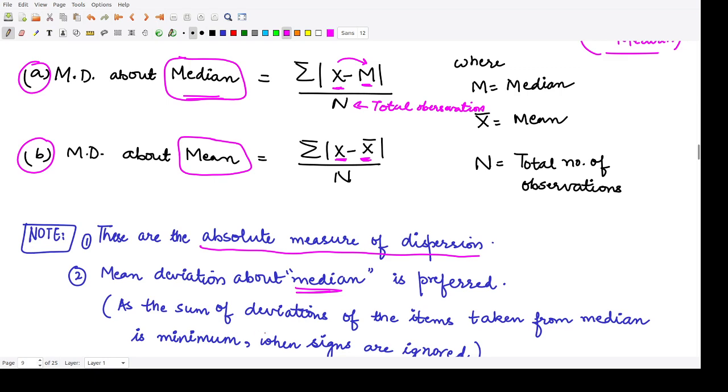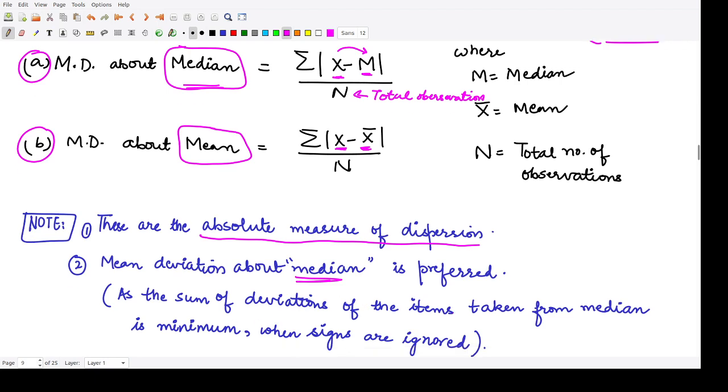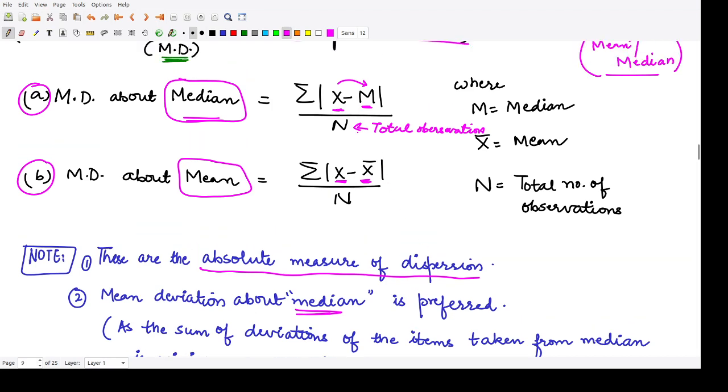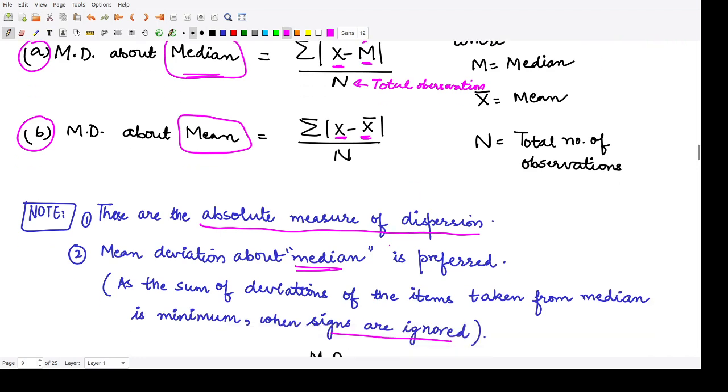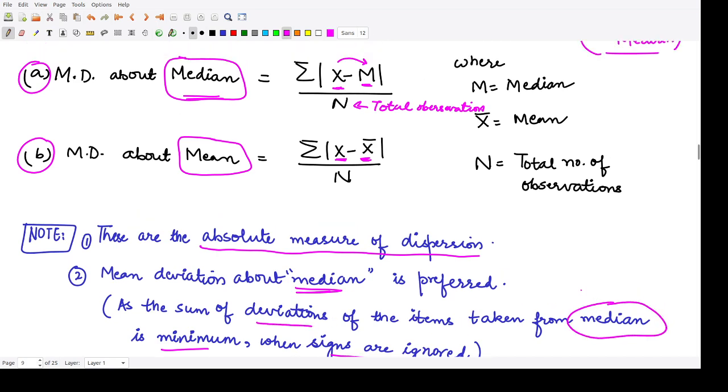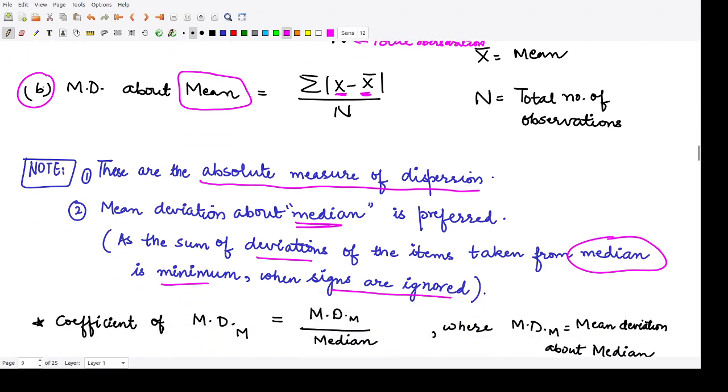Because the sum of deviations of the items taken from median is minimum when signs are ignored. In this case, we are ignoring the signs because we are performing this modulus operation here. So we are only taking the mod values, the positive values. For that case, the dispersion is minimum when we take the deviations about median. So of these two formulas, the first formula is preferred in most of the cases.